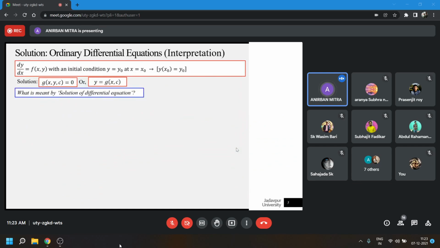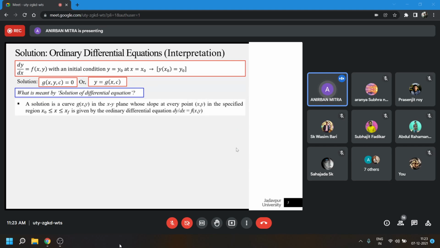Now, if we ask what is meant by the solution of a differential equation, physically, what does it mean? Mathematically, it's a function. We have seen it can either have an implicit form or an explicit form. But what exactly is its physical significance?